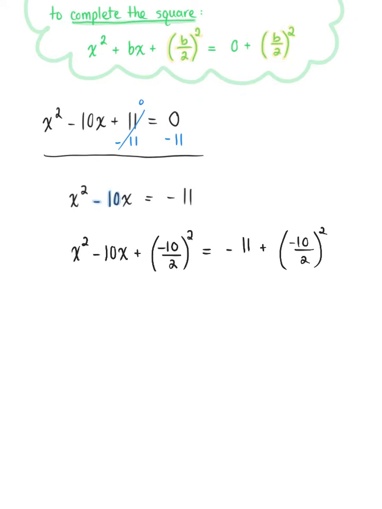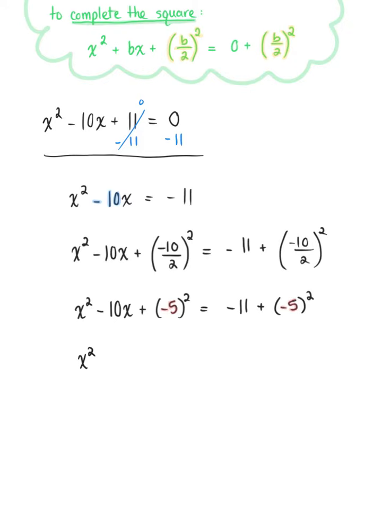Right, so whatever we do to one side, we must do to both sides. So we can continue with our simplification here. This is x squared minus 10x plus negative 5 squared is equal to negative 11 plus negative 5 squared. So I want you to keep that negative 5 in mind.